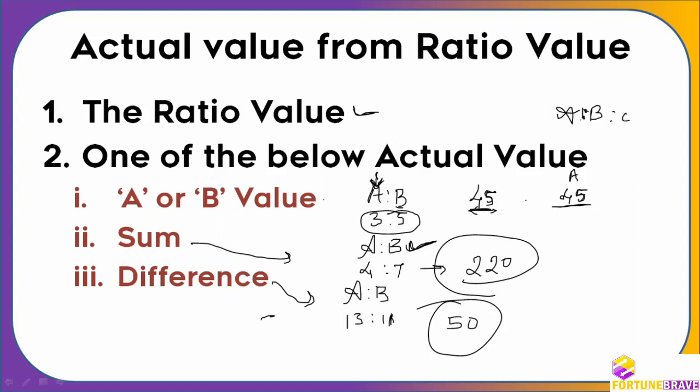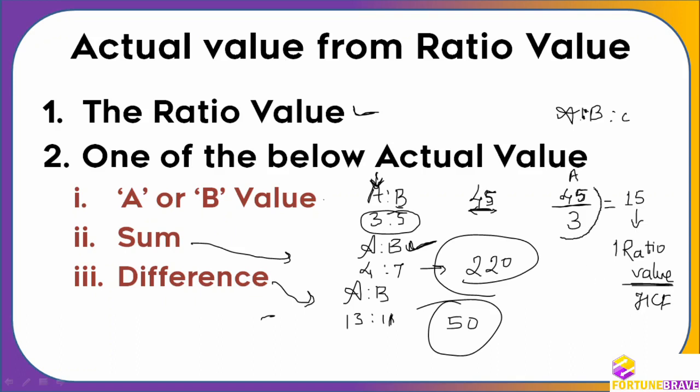I am going to divide it by A ratio value, so 3. So what I'll get is 15. This is called 1 ratio value. This is the HCF with which we have to do. Whenever you divide the actual value by the corresponding ratio value, what value you get is 1 ratio value, or the HCF by which you have to multiply or divide, whatever be the case, to get the actual value.